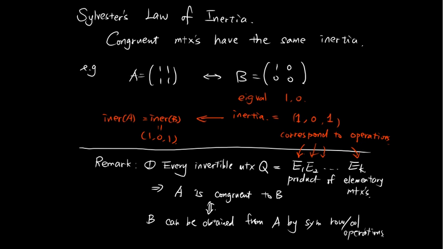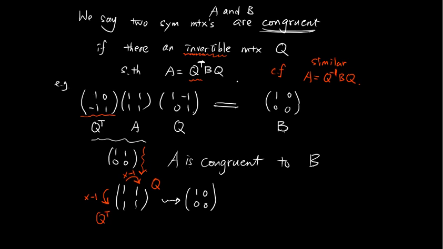Which means if you do an operation to the rows, then you have to do the corresponding symmetric one on the columns. Just like what we did before, you do this operation, and then you also do this operation to the columns. In that case, it is called symmetric. And these operations also preserve the matrix as symmetric.